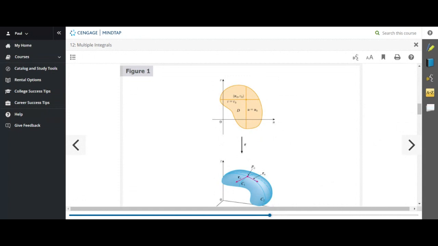They are tangent vectors where you have specific values for the parameters u and v, u sub 0 and v sub 0, because you have to have specific values since you're at a point on the surface. And the vector function traces out the surface as you vary u and v.